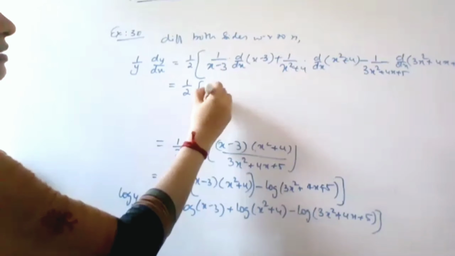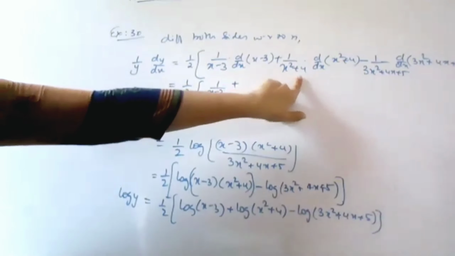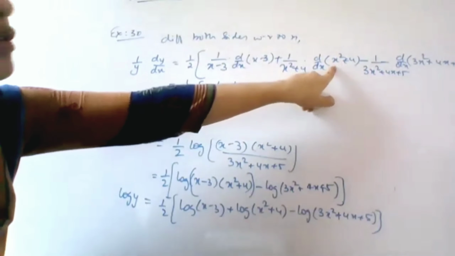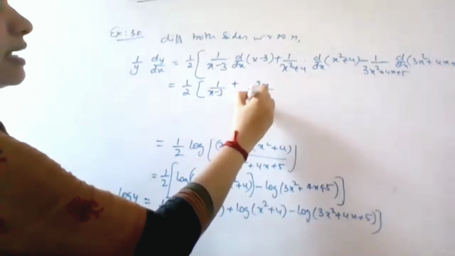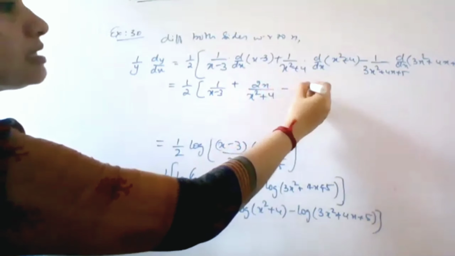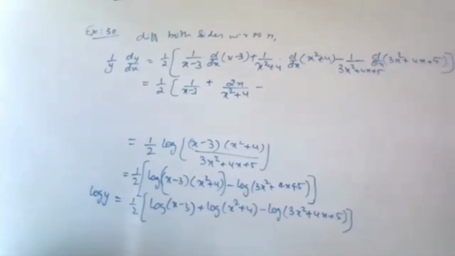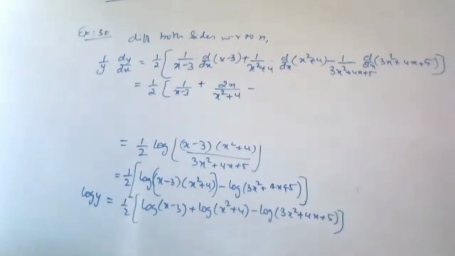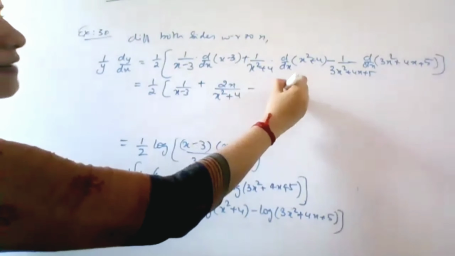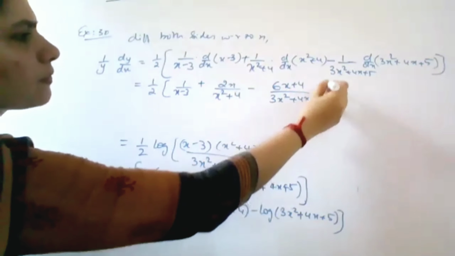So you will have the first term as 1 by x minus 3. Next term is 1 by x square plus 4 into the derivative of x square plus 4. Derivative of x square plus 4 is 2x. So here you have 2x by x square plus 4, minus the other term. Its derivative will be what? 3x square's derivative will give you 6x plus 4. So in the numerator you will have 6x plus 4. Denominator will have 3x square plus 4x plus 5.